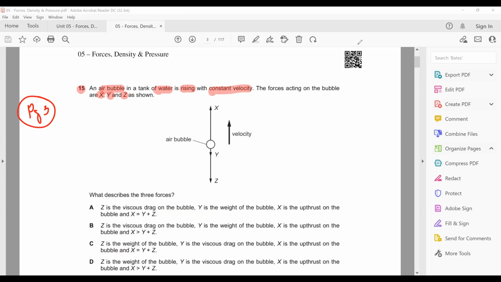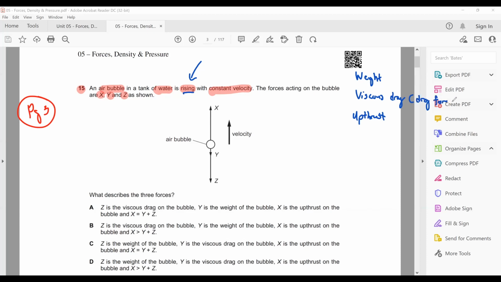Now, there are a few key things here that you can see. If you are rising up, there are actually three forces here. Your viscous drag, your weight, and your upthrust. Okay. So your viscous drag is actually your drag force.